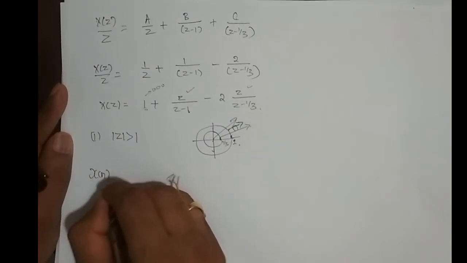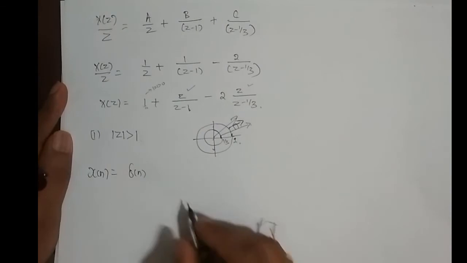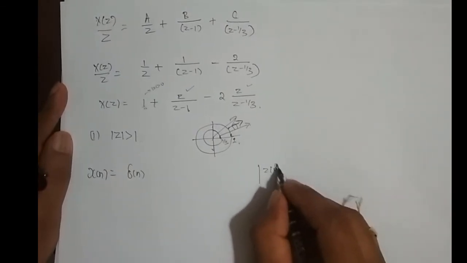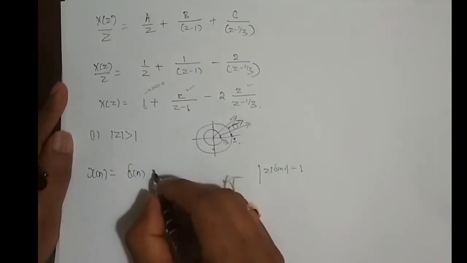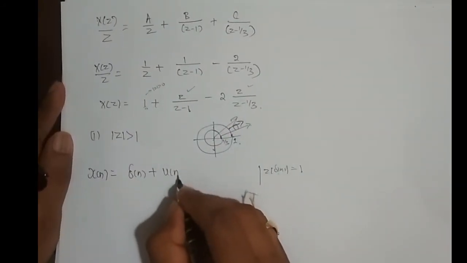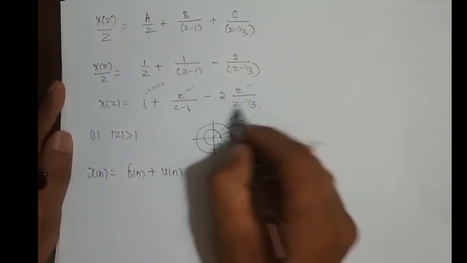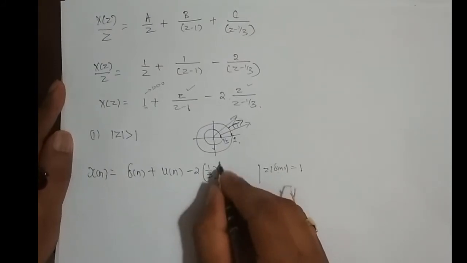So x of n is equal to, what is the inverse z transform of 1? It is delta of n, because the z transform of delta of n is 1. Plus, what is the inverse z transform of this for a right sided sequence? It is u of n. What is the inverse transform of this if it is a right sided sequence? Minus 2 into (1/3) power n u of n.